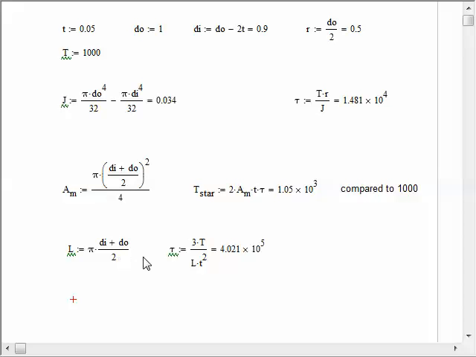And so we come up with a tau value of 400,000 psi. Much higher shear stress because of the slit, which has reduced the ability substantially of that material to carry torque.